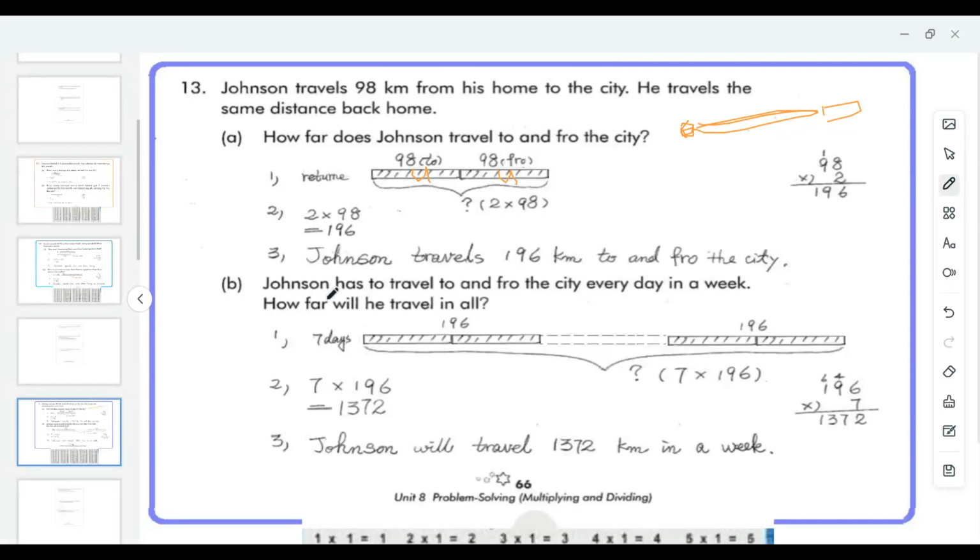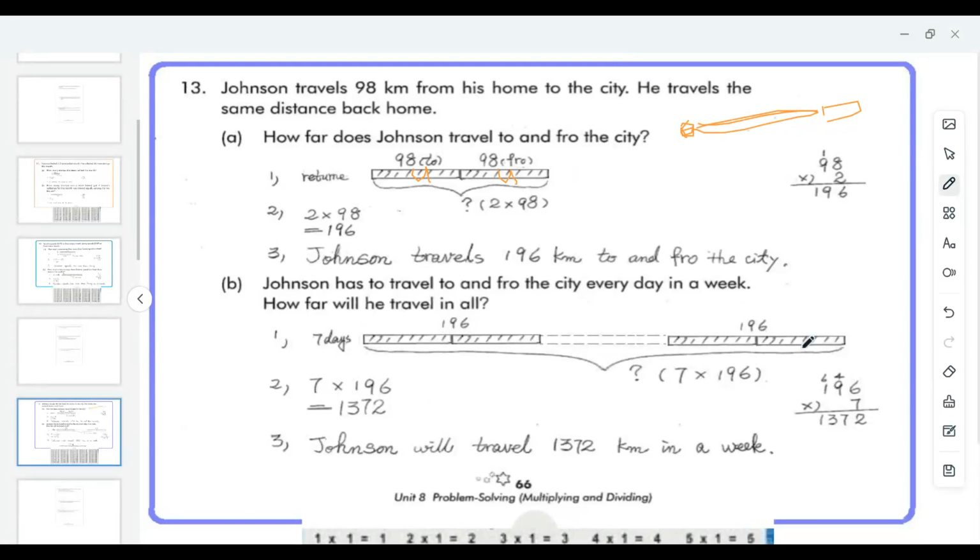Now, question B. Johnson has traveled to and from the city every day in a week. So that means in 7 days, right? A week is 7 days. So now we write down here. First one, we draw a diagram. A day is 196.